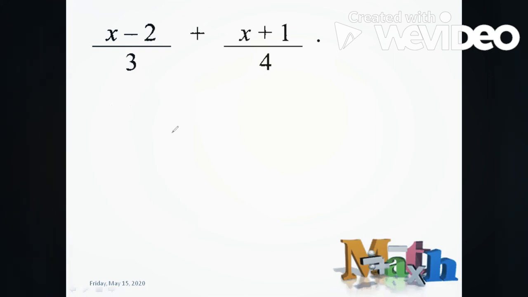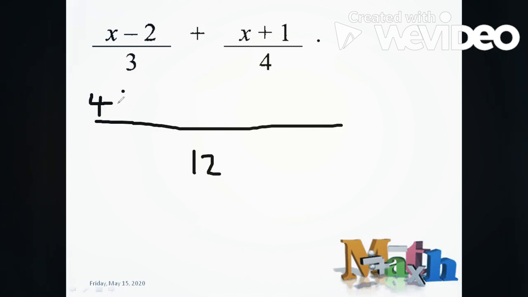So what we do is we just draw the line like the regular fraction. You know the LCM is 12, all right? So 3 to 12 goes 4, and we normally say 4 times the numerator, but I'm just going to put that working out right here because we don't want to make any mistakes. And 4 to 12 goes 3, so normally it's 3 times the entire thing, but let's put that down here.